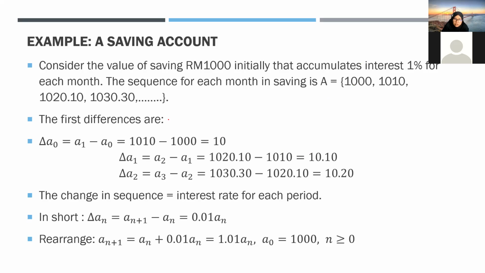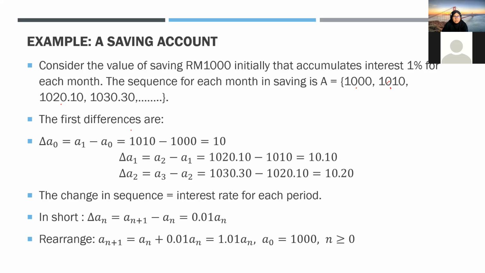So what you can do is the sequence for each month saving is 1,000. So this is number 1. And then add the interest the next month. Then add the interest from here. So like this and so on. So you can calculate the sequence. So add 1%, 1% for each month.